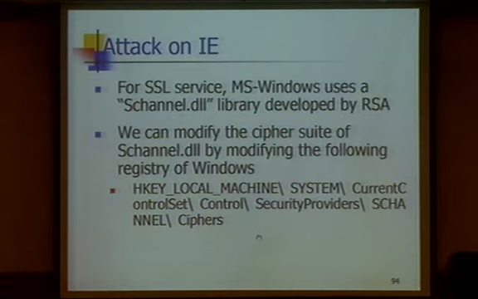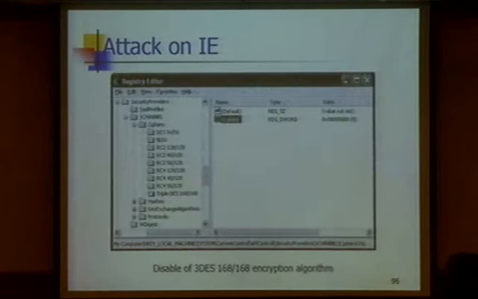We can modify the ciphersuite of the schannel.dll program by modifying the following registry of Windows, like this. By modifying these registries, we can make the client web browsers use only the weakest 40-bit RC4 algorithm.